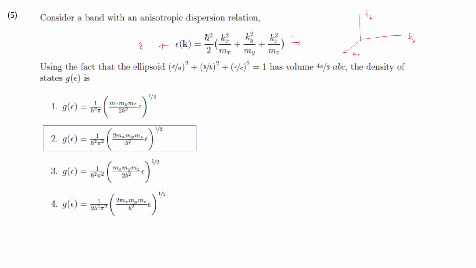If you draw that in this kx, ky, kz space, it will be something like an ellipsoid. The distances at which this ellipsoid intersects kx and ky need not be the same.